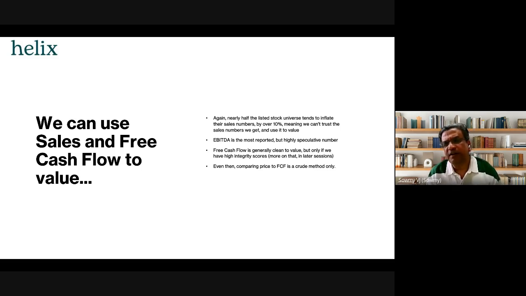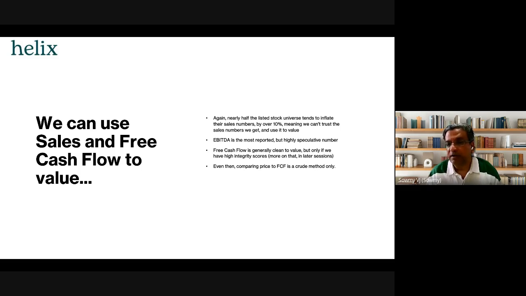Let's say the timing difference is not material, but the inflation by at least 10%, which is material inflation, happens across the entire listed stock universe, not just US stocks, not just UK stocks, across the board. Free cash flow is very, very clean to value, and is definitely recommended.